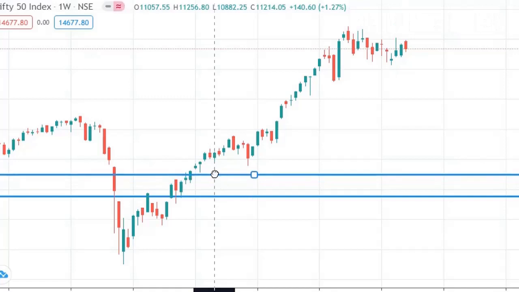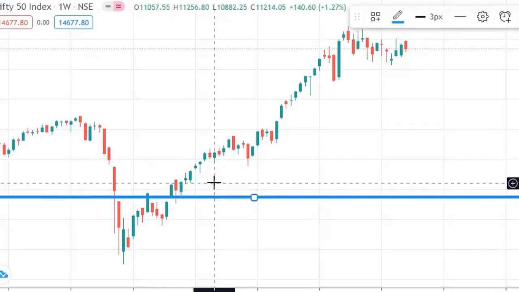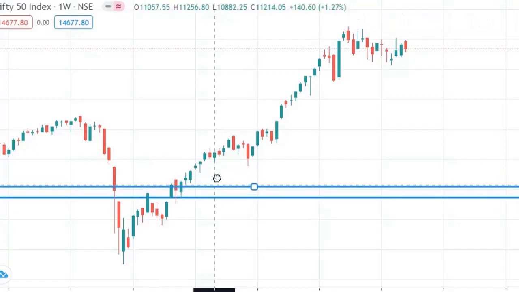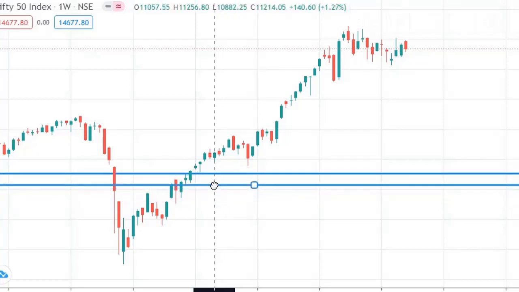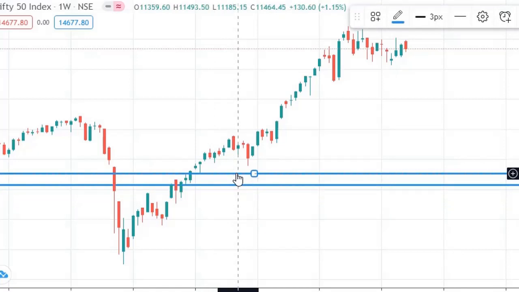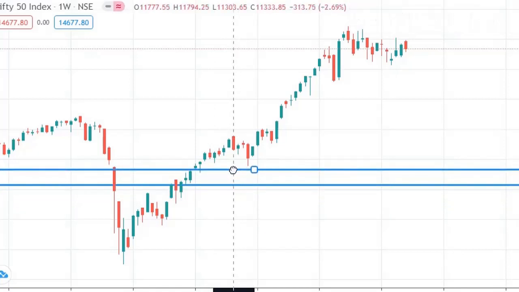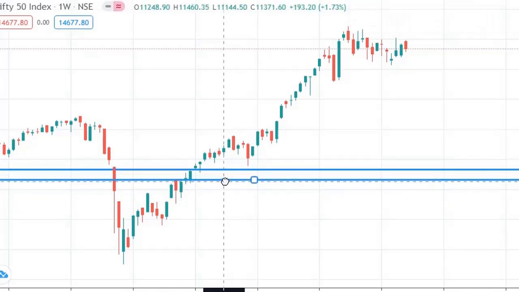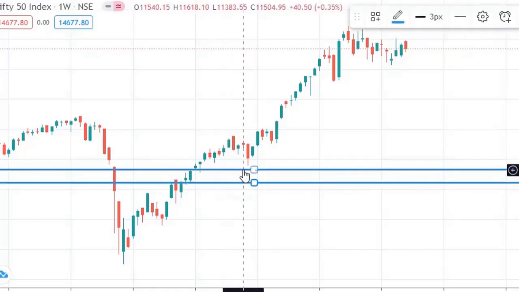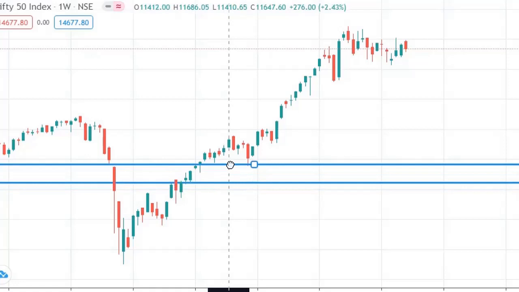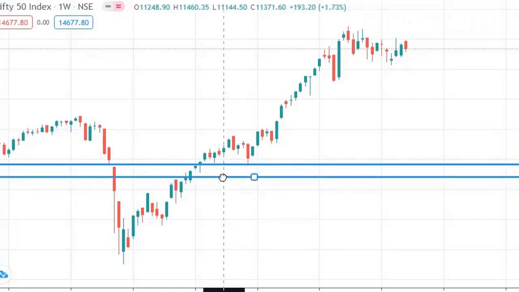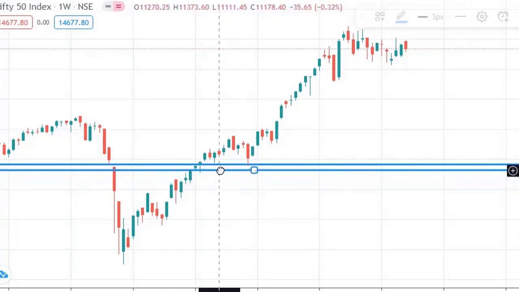Again green bar. Next green bar closes above it, so I mark the high and low. So in this way you have to go up and down so that you know where the market is heading.